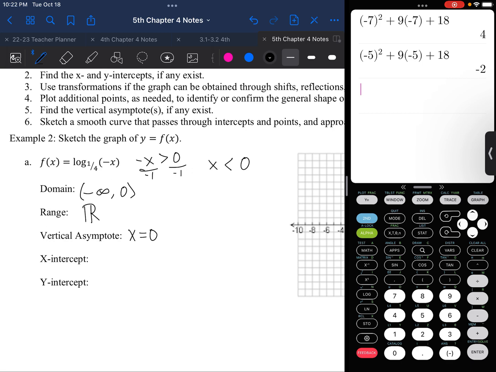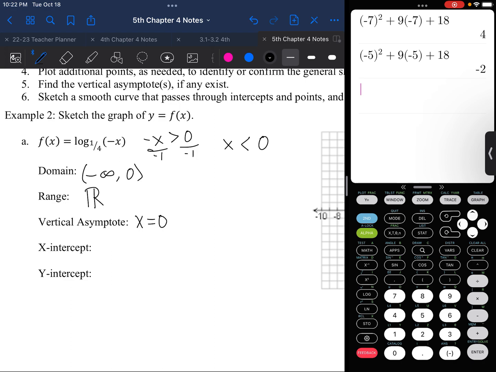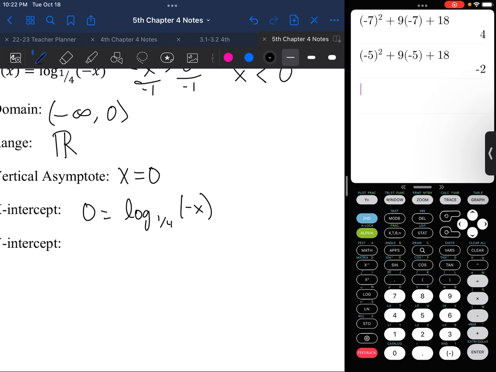And then we would look for x and y intercepts. So x-intercepts are where y equals 0, so it would be where 0 equals log base 1/4 of negative x. And then we would have to solve that. So I'm going to take 1/4 to the 0 power and 1/4 to the log base 1/4 of negative x power.